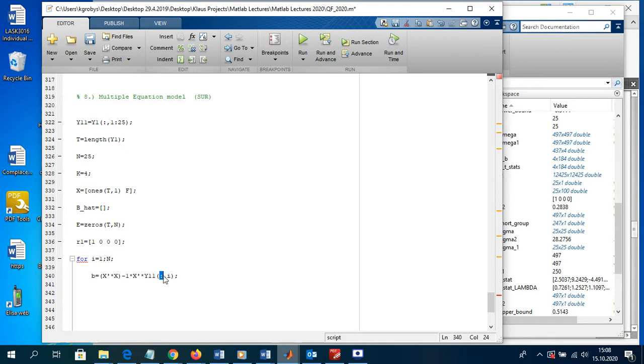In the rows we have the time series observations.